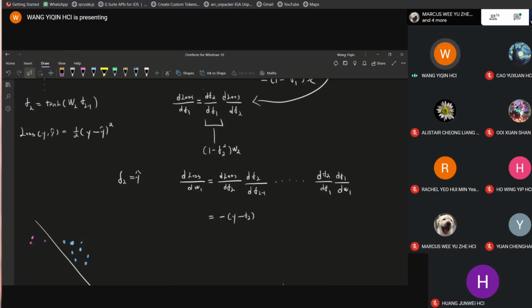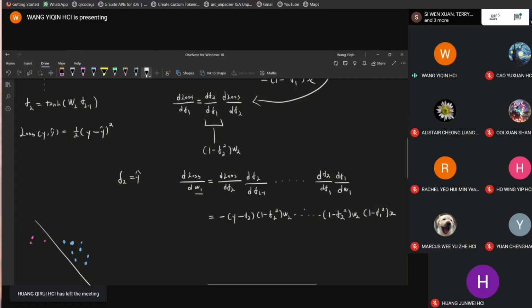And then the next term is just 1 minus fL squared multiplied by the weight wL, and so on until you get to 1 minus f2 squared multiplied by the weight, and then you do 1 minus f1 squared multiplied by x. And that will be your derivative of the loss function with respect to this weight.